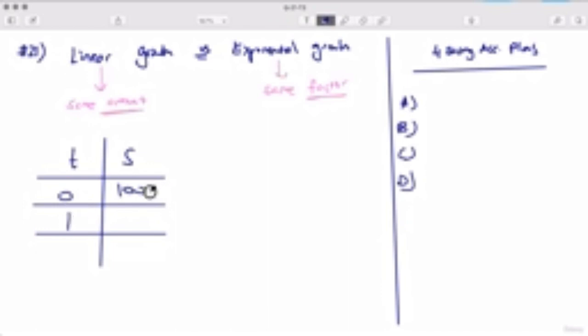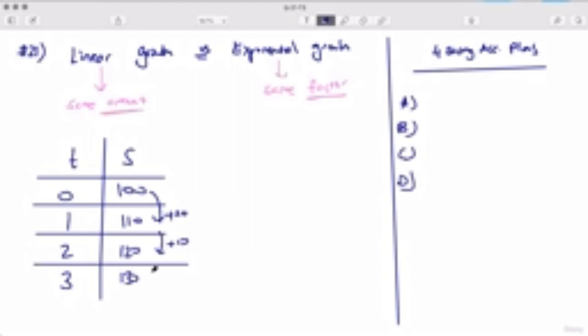If I am just adding $10, I end up with 110. Now comes year 2, I add $10 again to my account. I end up with 120. Now next year, I add 10 again. I end up with $130 in the account.